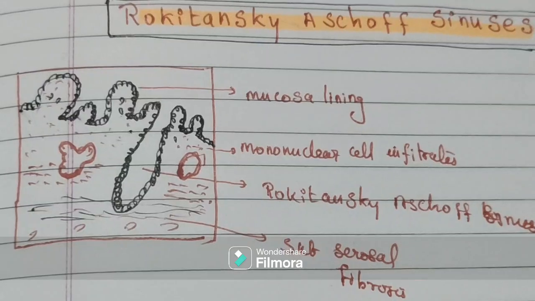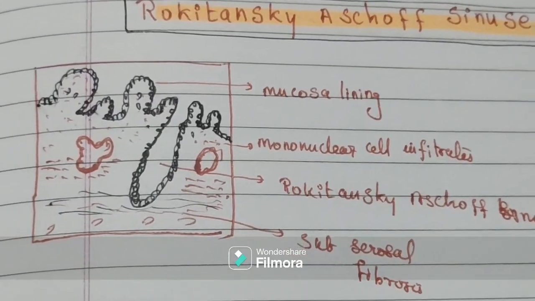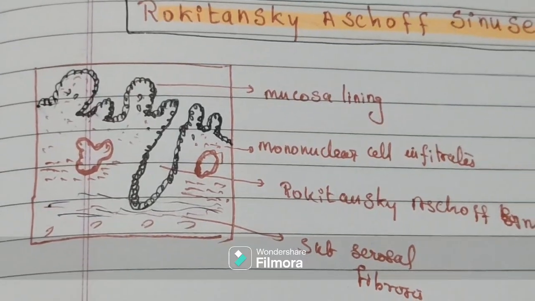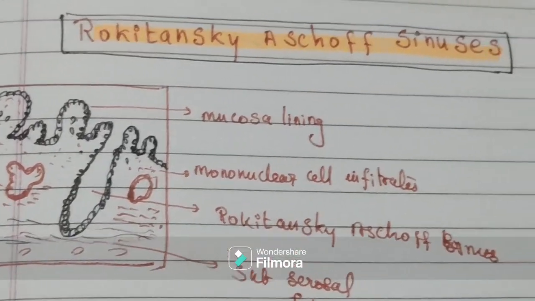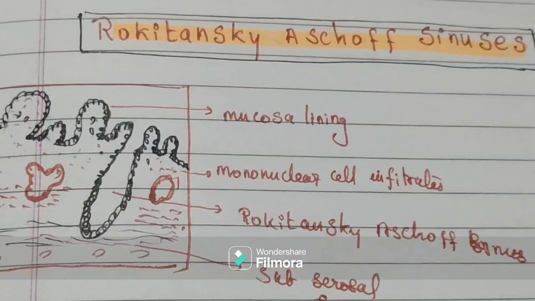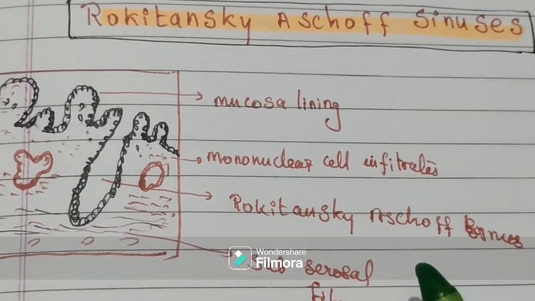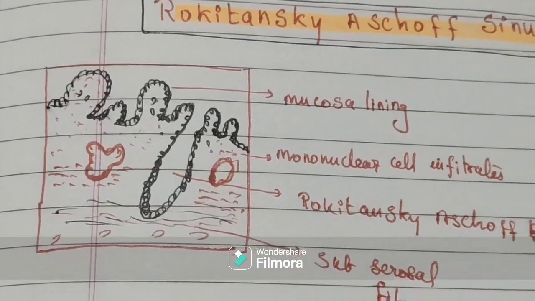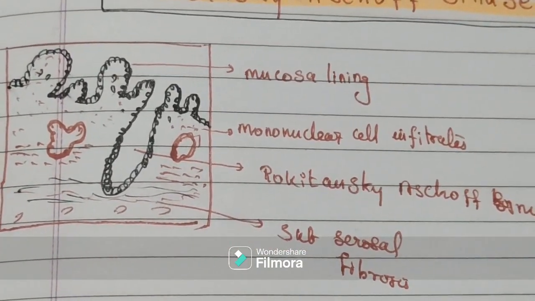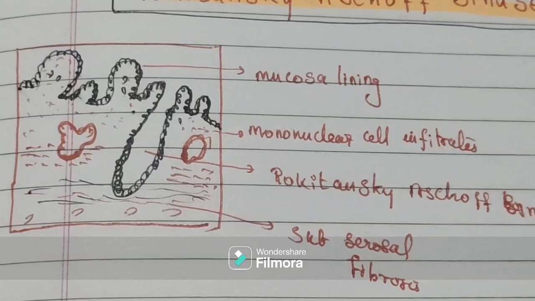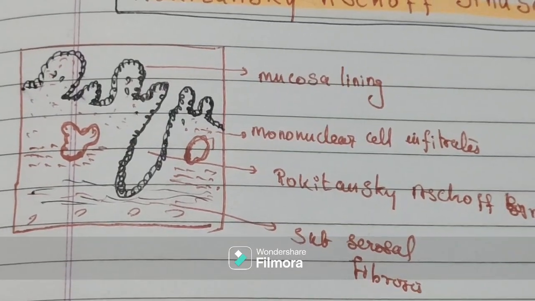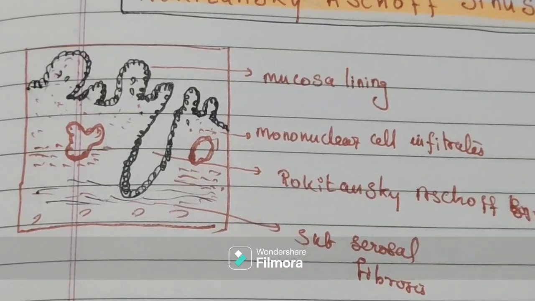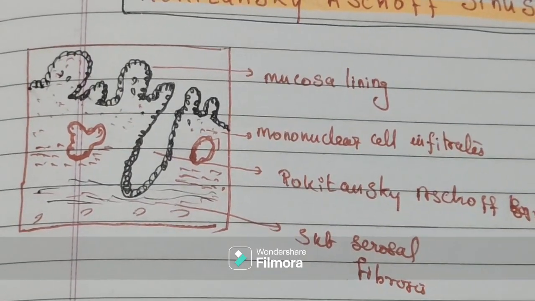This is the microscopic image of chronic cholecystitis. Here we can see the mucosal outpouching. These are called Rokitansky-Aschoff sinuses. Then subserosal fibrosis, and outpouchings are trapped in the muscularis layer.